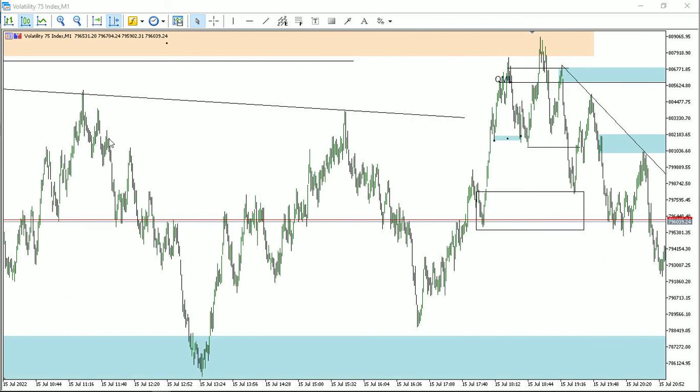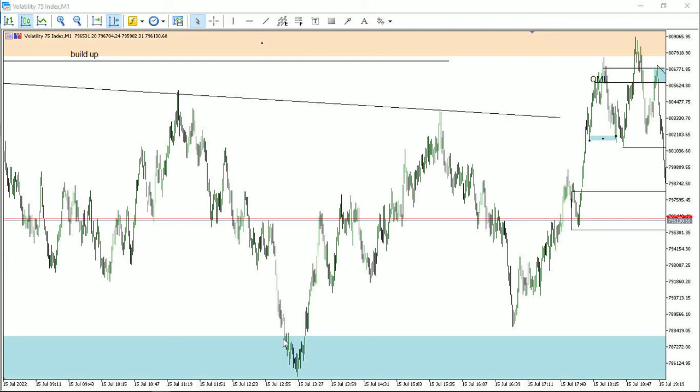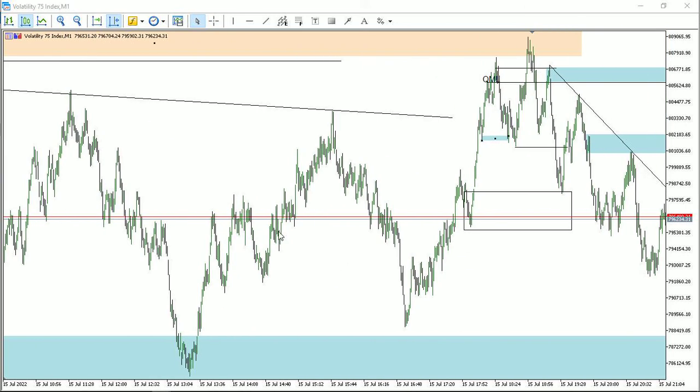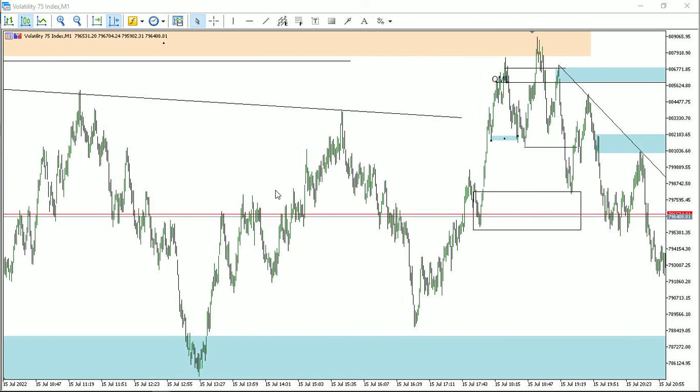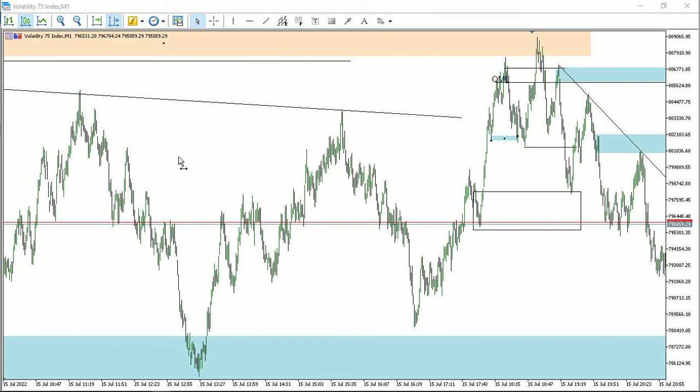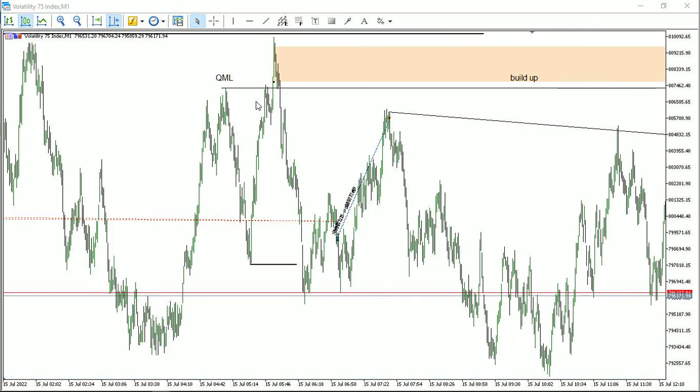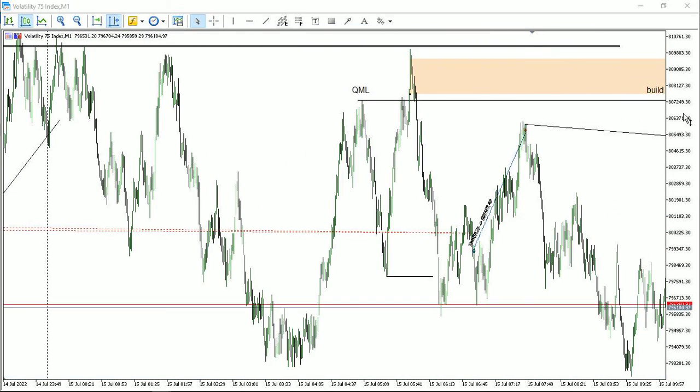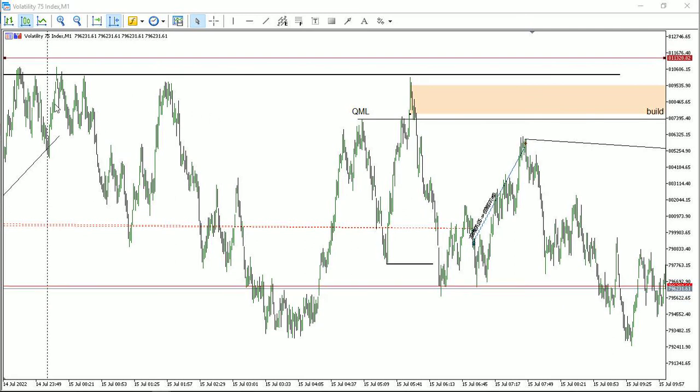First of all, you can find where it's mitigated on the higher time frame. So that blue shaded area, if I spread that zone, we went bullish straight to the 50% of the engulfed candle I showed you on the weekly chart. So here, QML, I love QML.